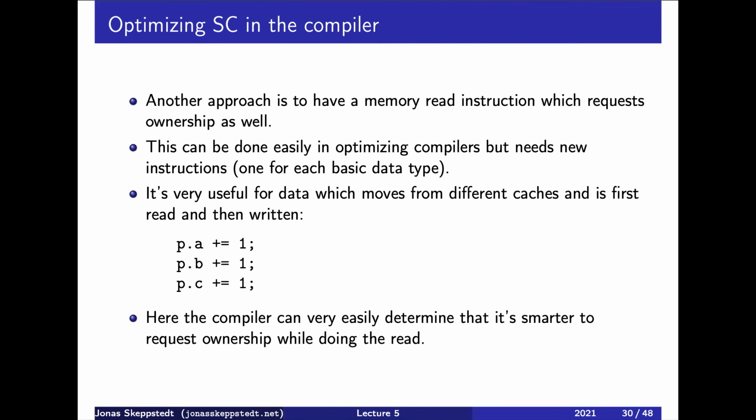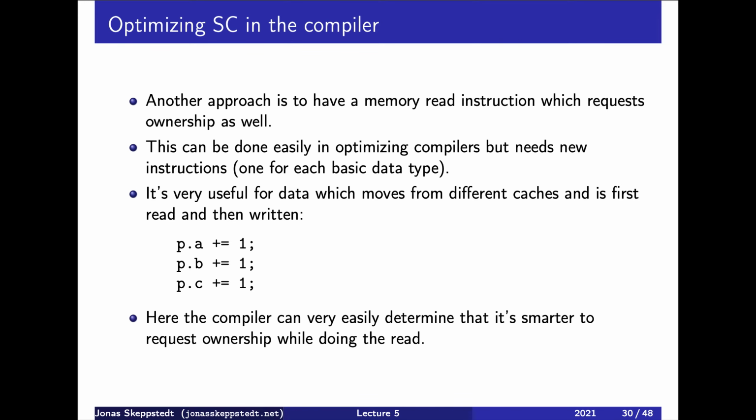And how can the compiler determine this? Well, it's easy by doing a data flow analysis and connect the write and the read. And as a matter of fact, when an attribute or field in a struct is updated like this, it will be a very local search. I mean, this information is only a few instructions between each other, so it's very trivial.